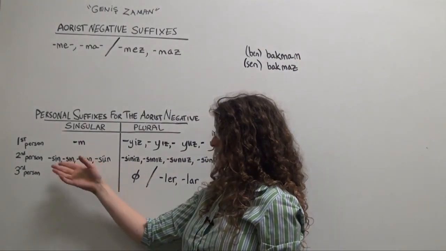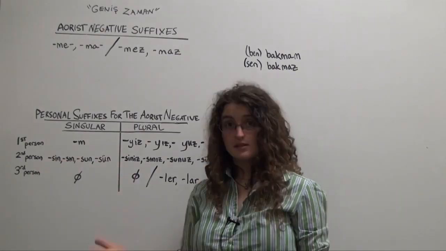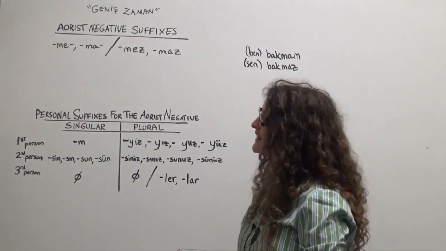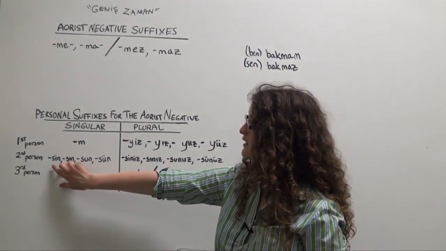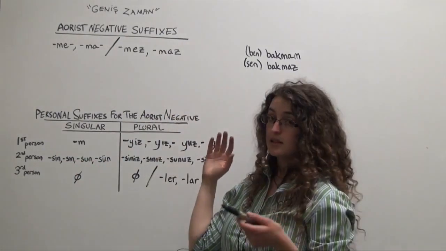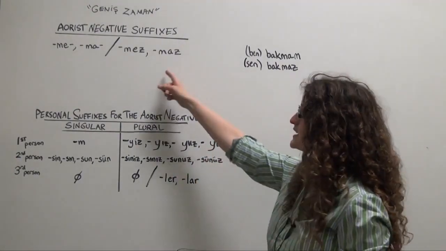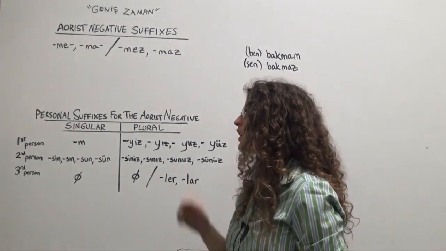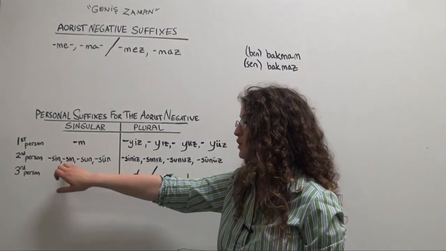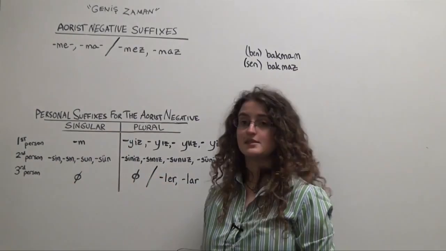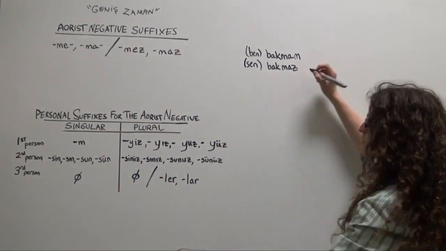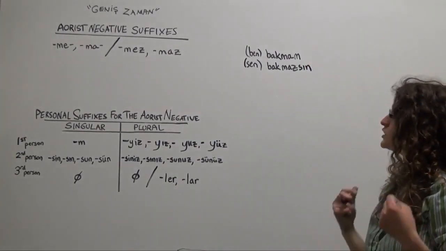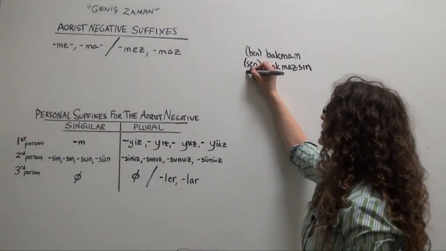Now, the personal suffix for the second person singular is, as usual, going to follow the rules of four-way vowel harmony, but effectively, because this suffix is harmonizing with the syllable immediately preceding it, it's always going to be either sin or sun for the second person singular. So, sen, bak, maz, sun. You don't look, or you won't look.